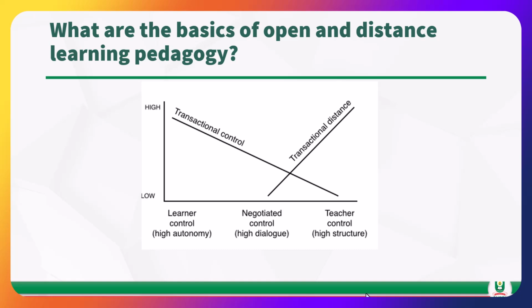But at a distance, most of these things are not fully accomplished. And that's what brought in the peculiarity in the pedagogy that is required in open and distance learning. So, in this regard, the learner is very important. The teacher has attention and negotiated control to ensure a high impact is achieved in communication.